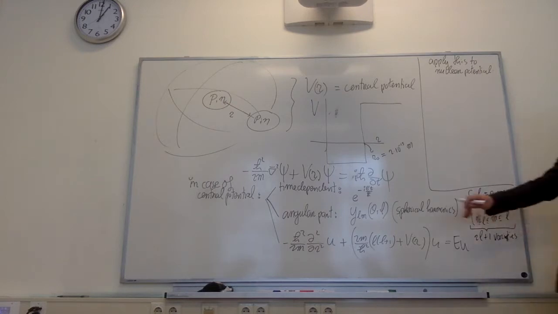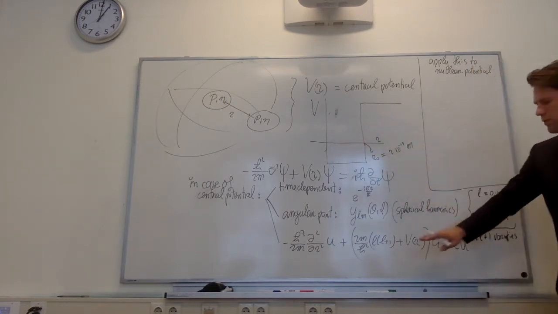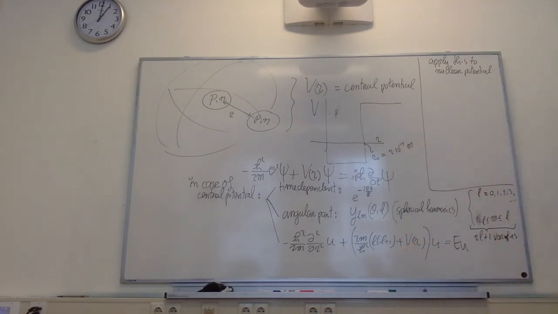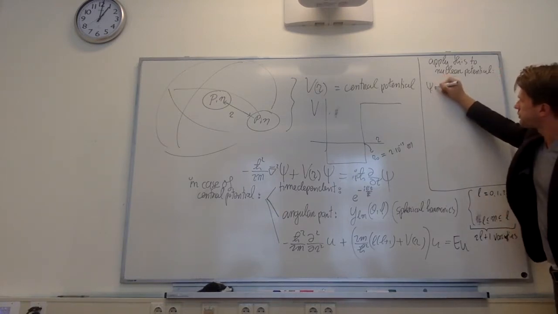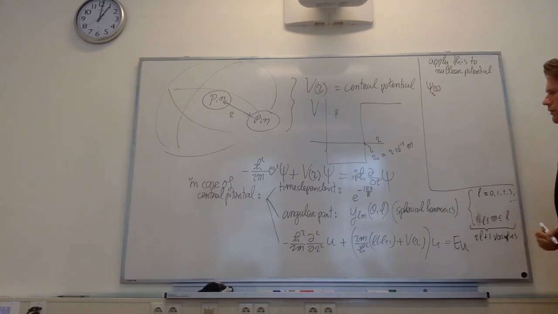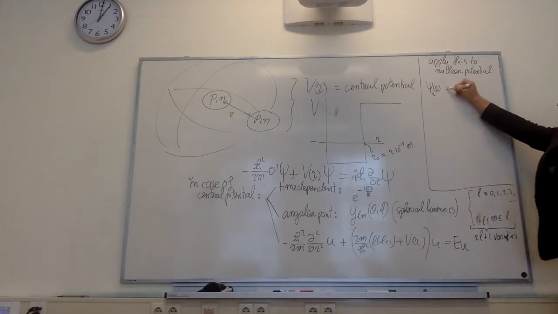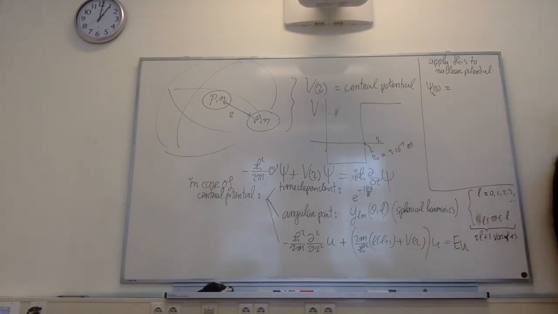We plugged this potential into this equation and we solved it. What came out were radial solutions. They came in 2 varieties: Bessel functions and Neumann functions.